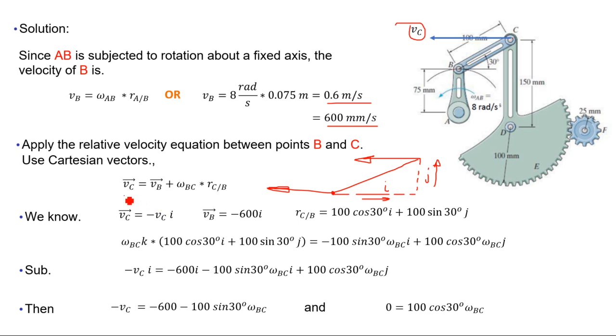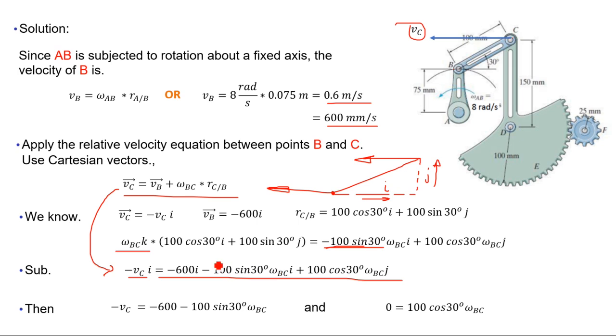We can now write the relative velocity equation: VC is negative VC i, VB is negative 600 i, and RC/B is 100 cosine 30 i plus 100 sine 30 j. We multiply that by omega BC k, and the answer is negative 100 sine 30 omega BC i plus 100 cosine 30 omega BC j. Now we substitute that in the relative velocity equation and come up with the following equation.